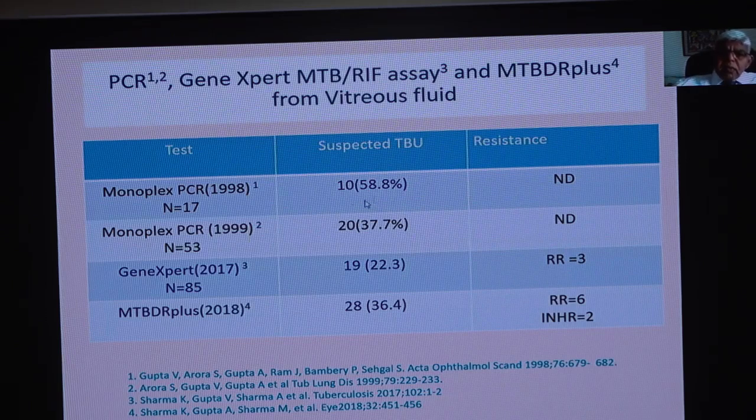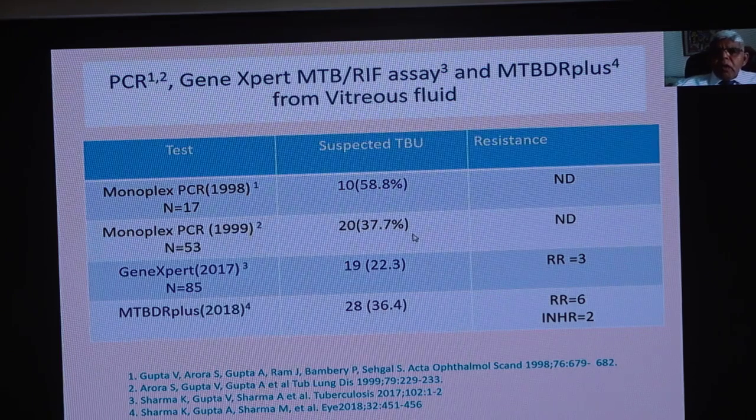The sensitivity at that time was 50 plus, but as we expanded our series, the sensitivity came down to almost one third of the patients only being PCR positive. Subsequent years, reports from elsewhere in this country have also shown that it's not a very highly sensitive technique.